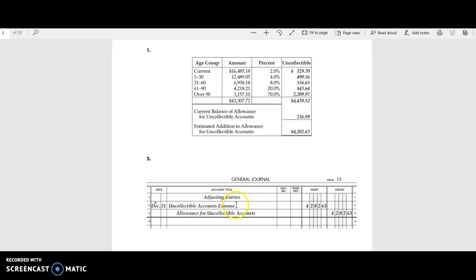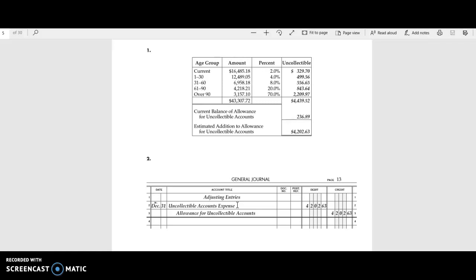Now, because we have this new expense account, and this once again is figured out in adjusting entries, we would have this worksheet. We would do the math for figuring out the aging of accounts receivable. Because we always list the debit before the credit, we're going to debit this brand new expense account. Expenses are always debited.